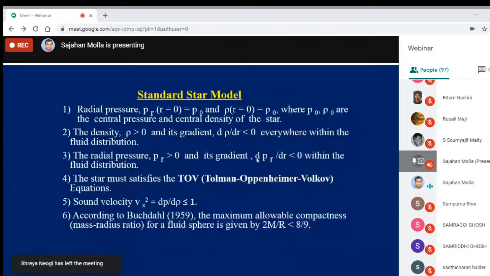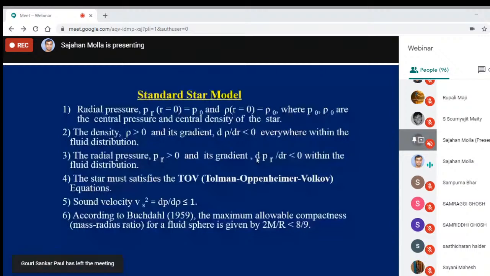The star should satisfy the TOV equation, that means the Tolman-Oppenheimer-Volkoff equation. In the star, sound speed should be less than or equal to 1. And this star model also satisfies the mass radius ratio m/r less than or equal to 4/9.